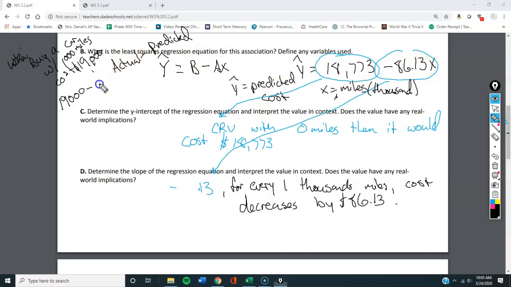And that's like 1860 something. I'm just going to put 1860, sorry. And I got 400. So that means that the cost of my car was $400 above what was predicted. Okay, so that's what a residual is.